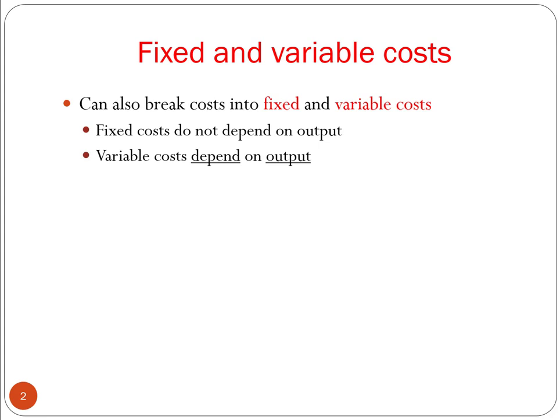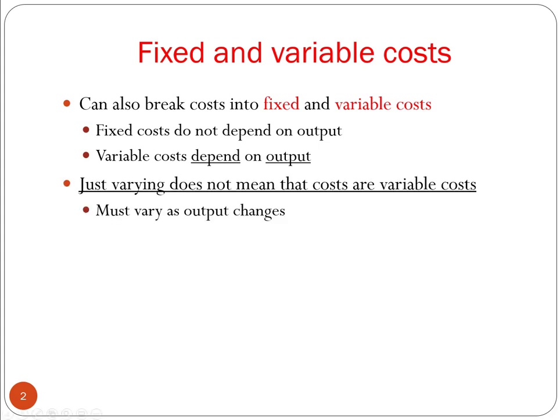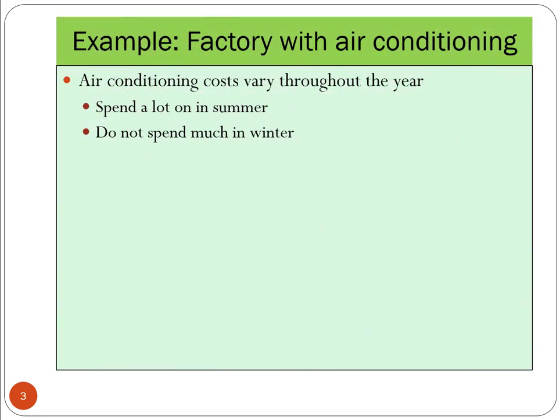Now, it's important to remember when you talk about variable costs that they need to depend upon output. It doesn't just mean that they vary. They must vary as output changes. A good example of this might be a firm that had air conditioning in its factory, and you might say, well, this is obviously a variable cost because variable costs vary.